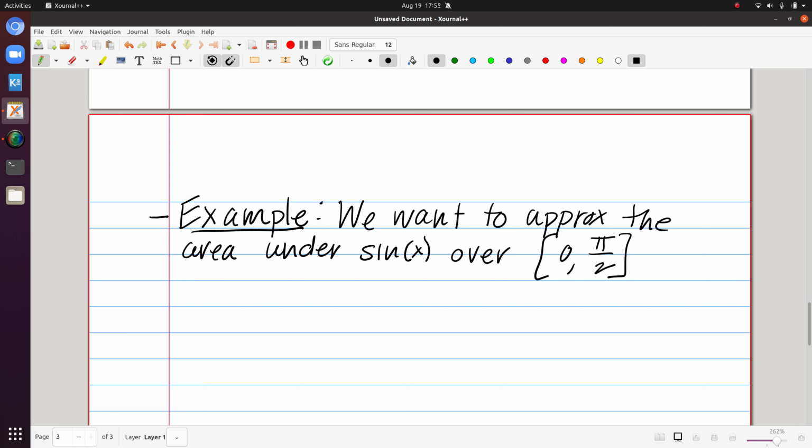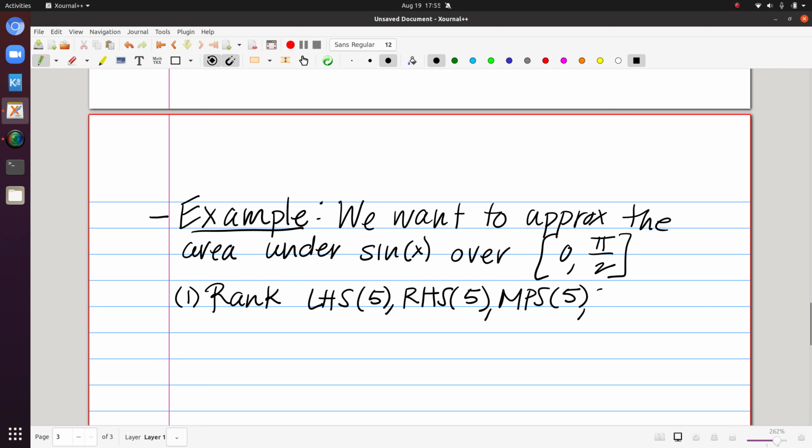So the first question I want to ask here, or demonstrate, is we want to rank the left-hand sum with 5 rectangles, right-hand sum with 5 rectangles, midpoint sum with 5, trapezoid rule with 5, and finally the true area.